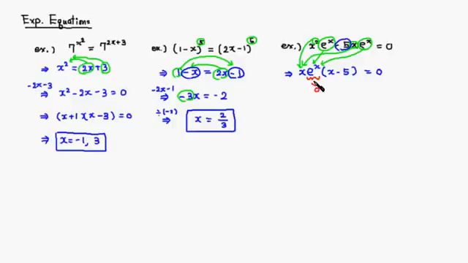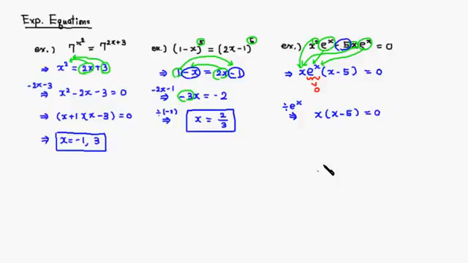Since it's always positive, we can divide through by e to the x. If you do that, e to the x is gone, and you have x times the quantity x minus 5 equal to 0.